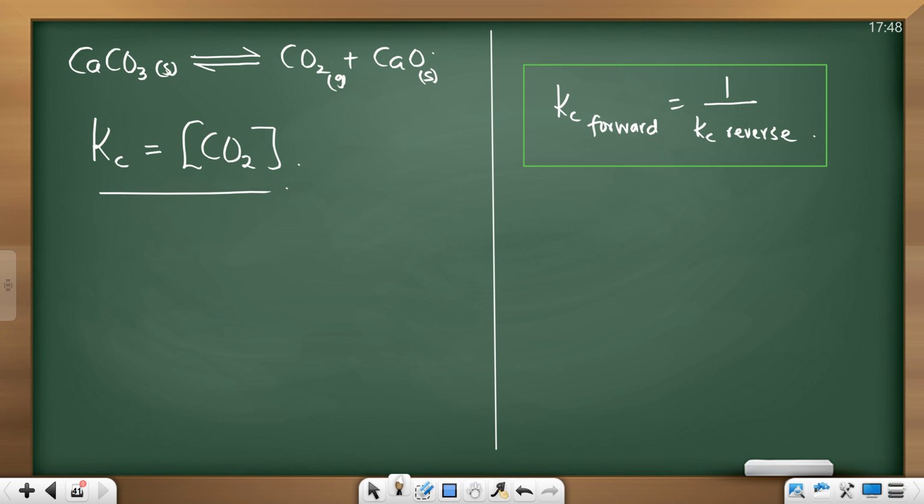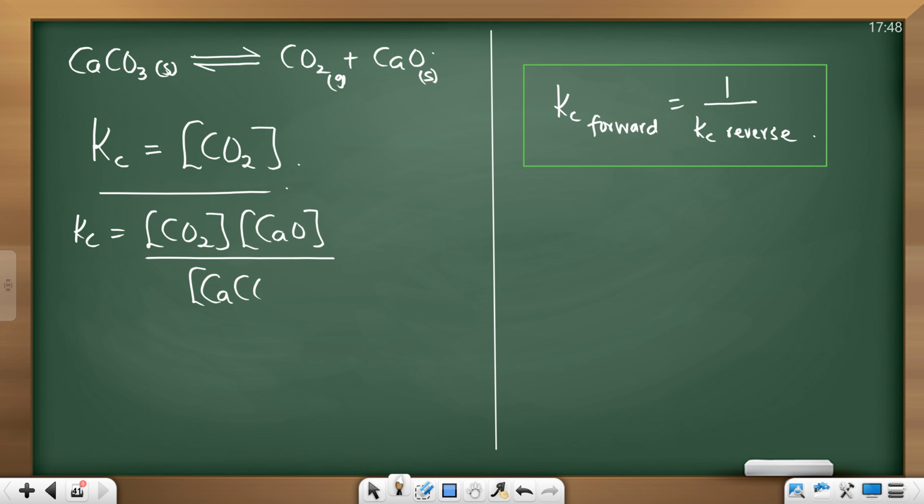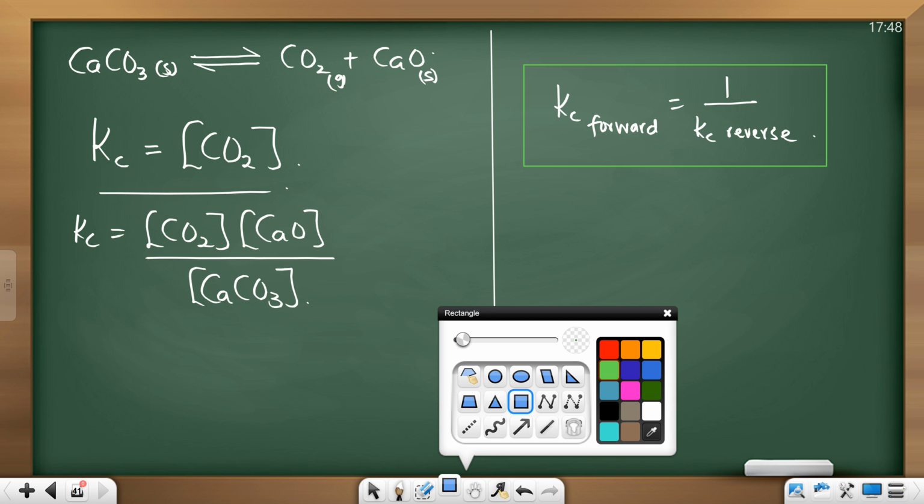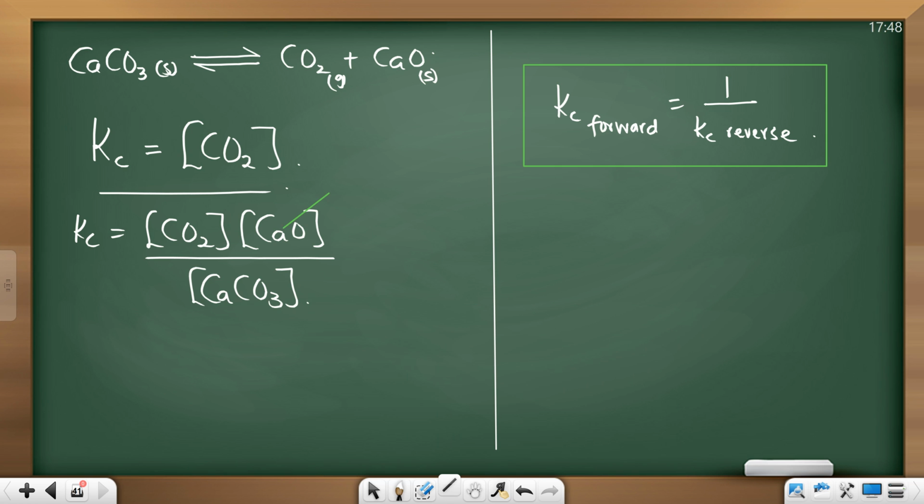Because it's product over reactant, right? Please check. How did I get to this point? I should have written it like this: CO2, CaO, and Ca. This is what I should have written. But don't forget that the equilibrium constant of solids and liquids is 1.